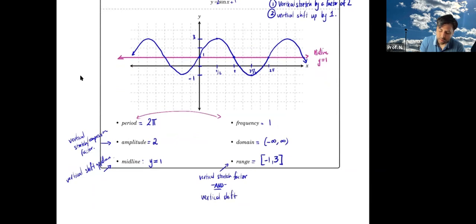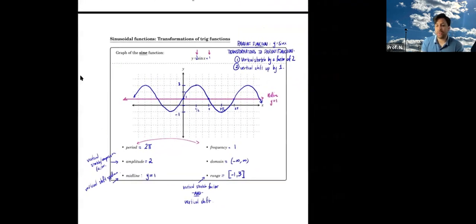So the range will be affected by the vertical stretch factor, which is the amplitude, right? And by the midline. So if the midline changes, the range is going to be changed. If the amplitude changes, the range will also be affected. Okay.